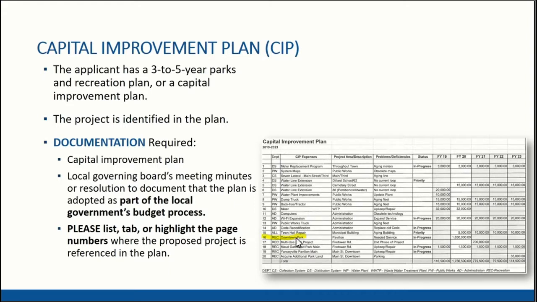For this particular application, they were looking at a downtown park, and you can see what was committed. So the plan needs to have the proposed project in there. And you can have the meeting minutes that show this is part of the local government's regular budget process.